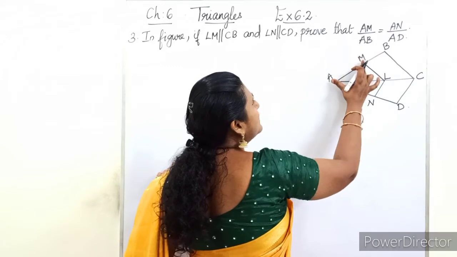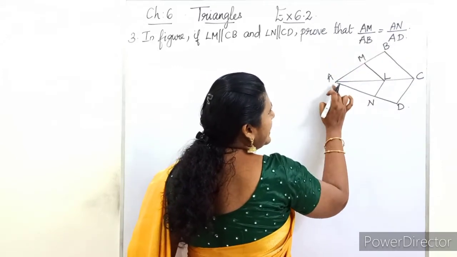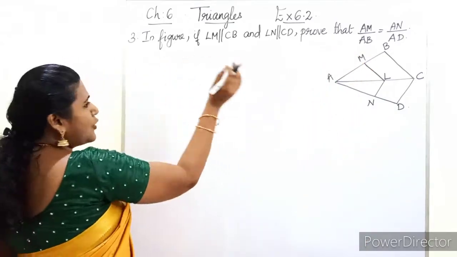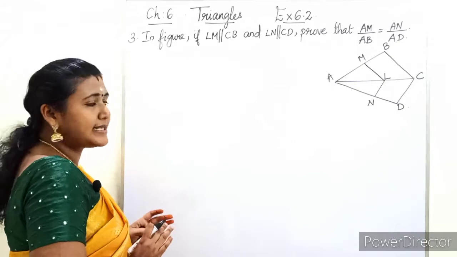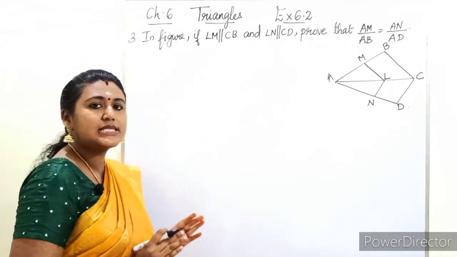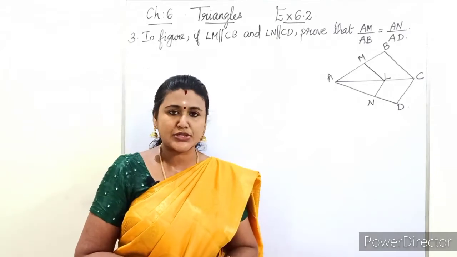Then you have to prove AM by AB is equal to AN by AD. Here also we will use the basic proportionality theorem. Why? Because the parallel condition is given. In a question, if a parallel condition is given, it is an application of the basic proportionality theorem.